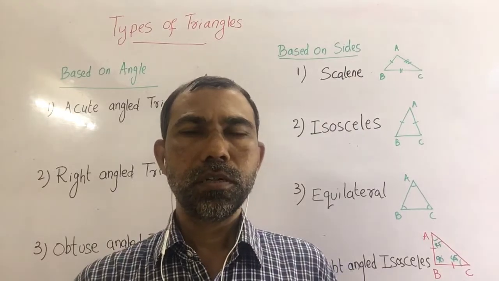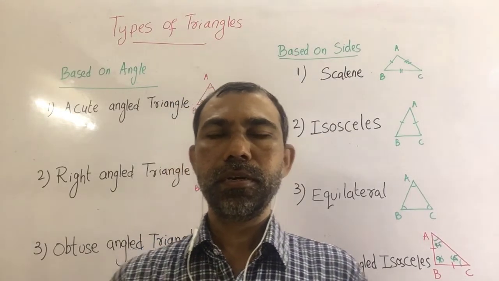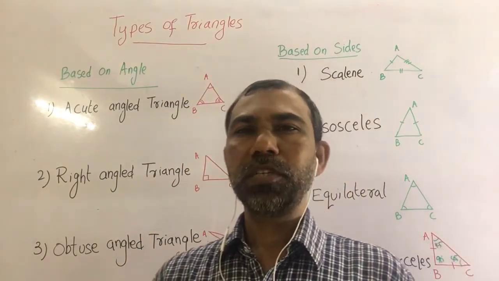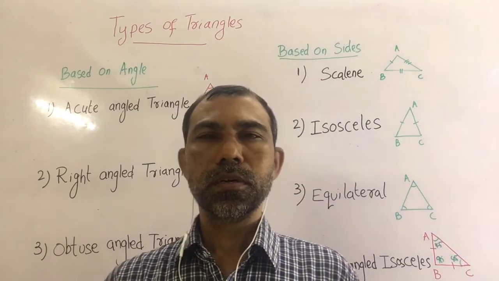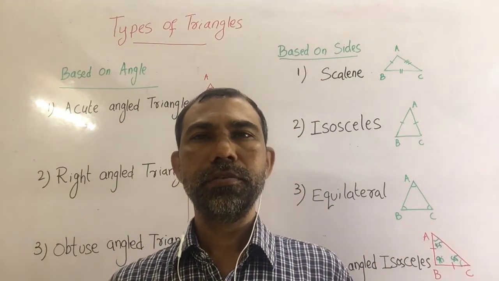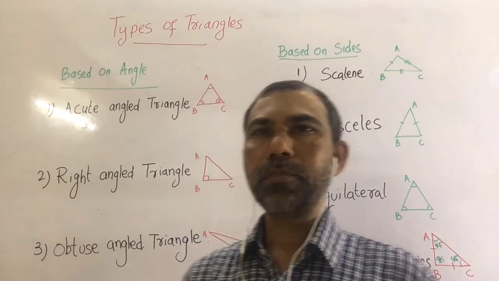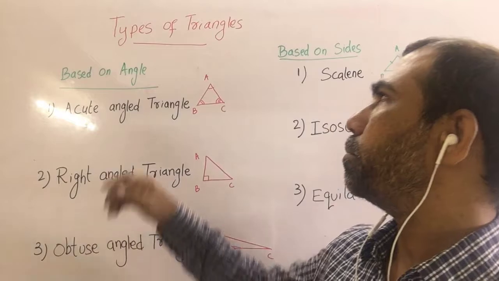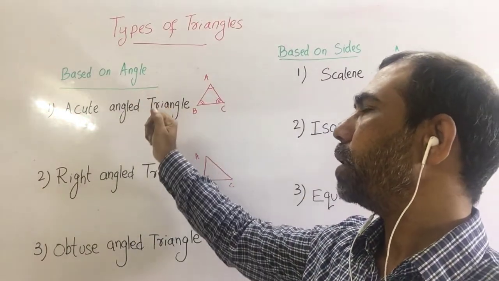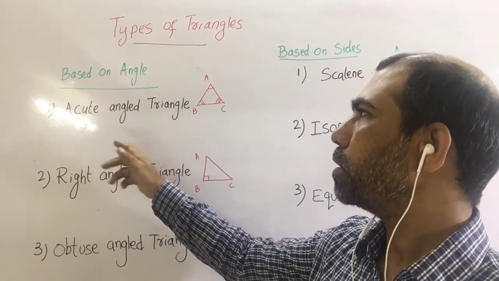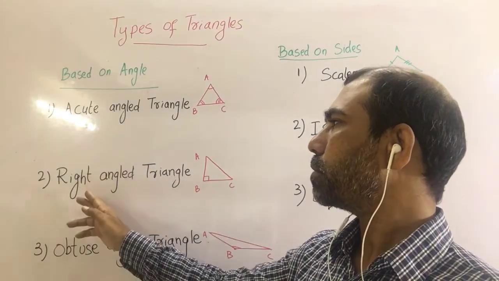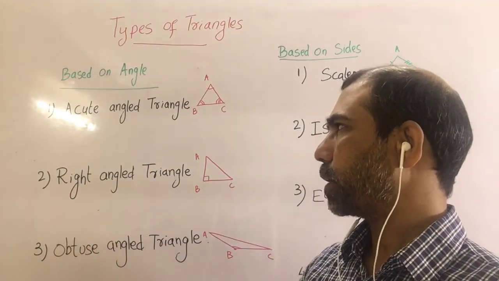Based on the different measures, the triangles are divided into different types. The types of triangles based on the measure of angle are acute triangle, right triangle, obtuse triangle.